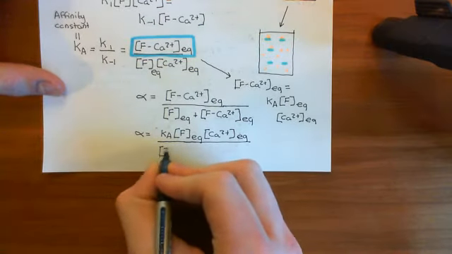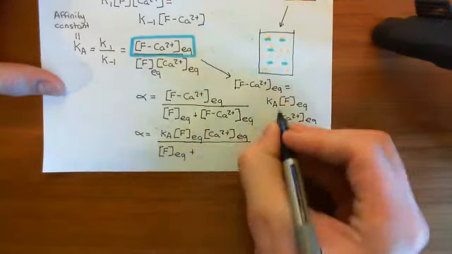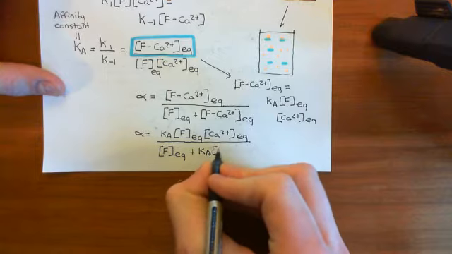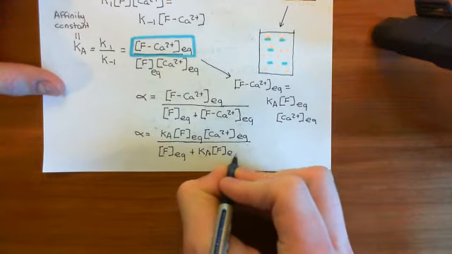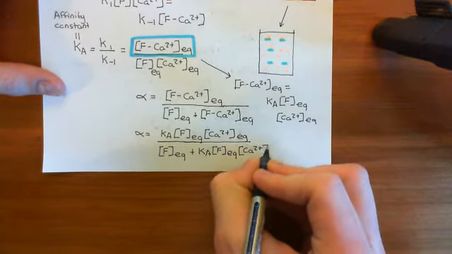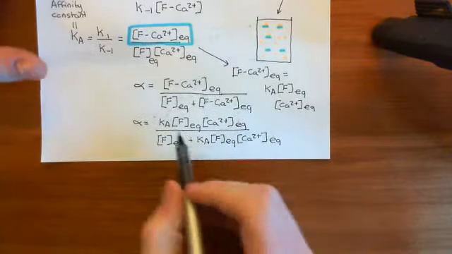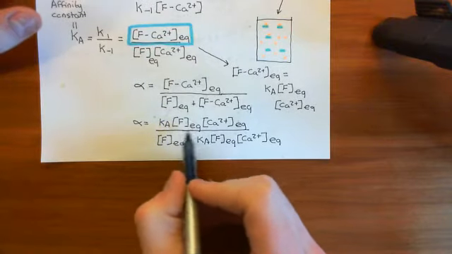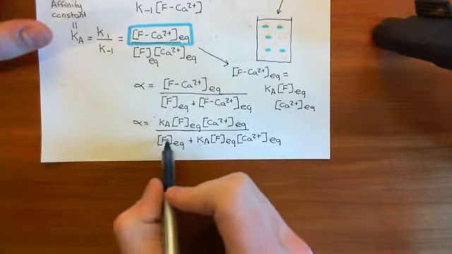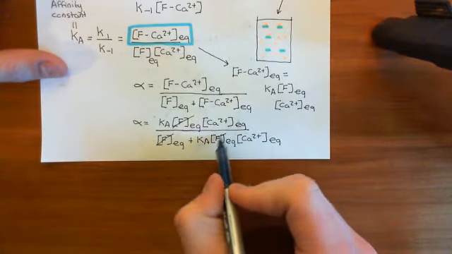So this is the Fluo-4 concentration that is free at equilibrium plus, and then we stick in this, Ka times the Fluo-4 concentration at equilibrium times the calcium concentration at equilibrium. You'll notice that we can cancel something now, which is absolutely beautiful, because we had no hope of knowing this number. So it's beautiful that that number will just cancel off. So we can cancel that, that, and that.